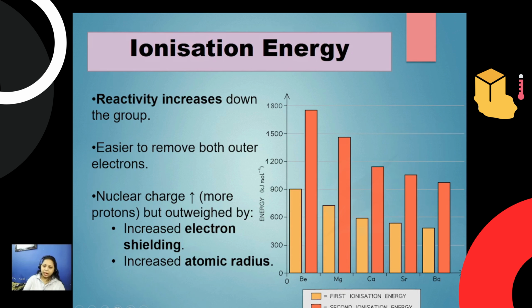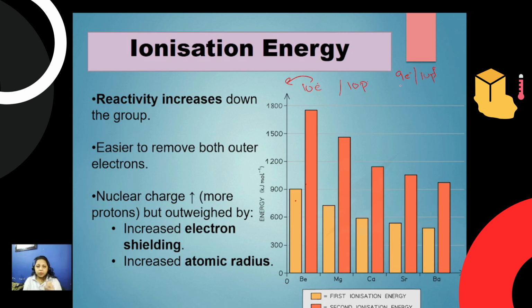If we look at the graph, it is important to understand this one. The light one is the first ionization energy, and the darker one is the second ionization energy. Definitely the first ionization energy is less as compared to the second. The reason is quite easy to understand. Let's say there are 10 electrons for 10 protons. If one electron is removed, now we have 9 electrons with 10 protons.